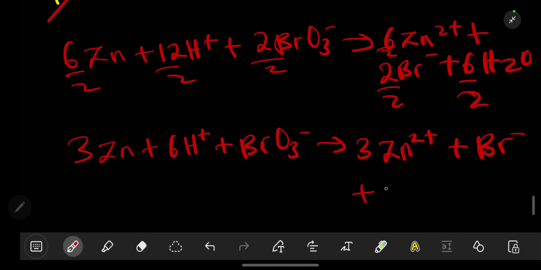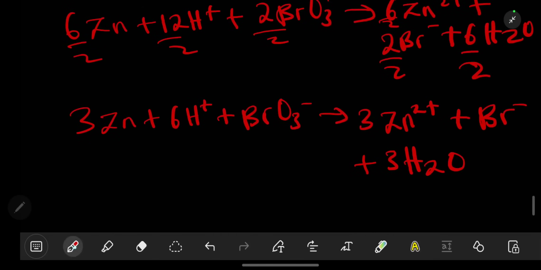Then we have plus our 3 H2O like that. So this is what we have as our final answer for that problem. We obtain our full marks like that.